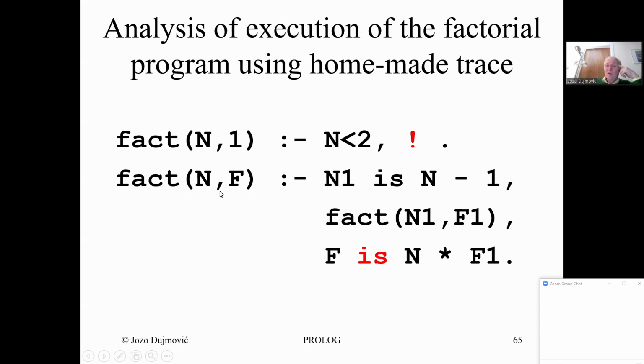N is the argument, and f is n factorial. So I can give n and ask, give me factorial. Or I can give n and f and ask, is this correct or not? Or I can give factorial and ask, what is n? I can give here factorial 120 and ask, what is n to give this factorial? That would be the full flexibility.